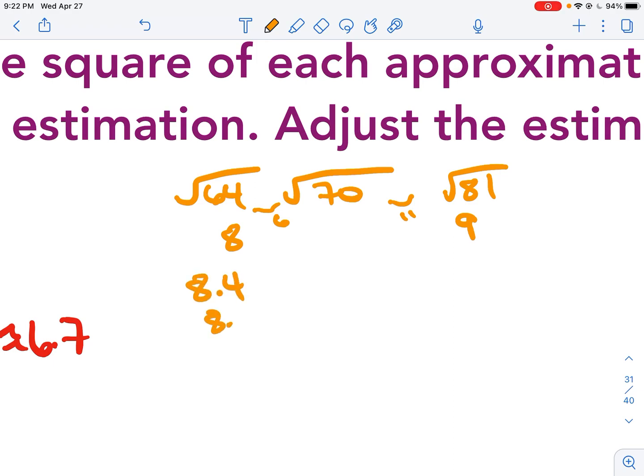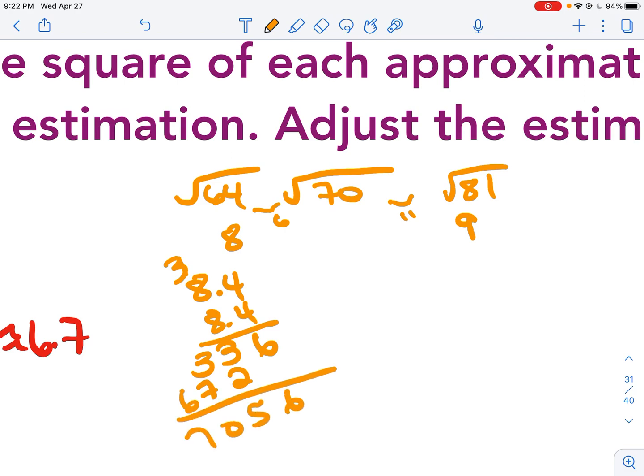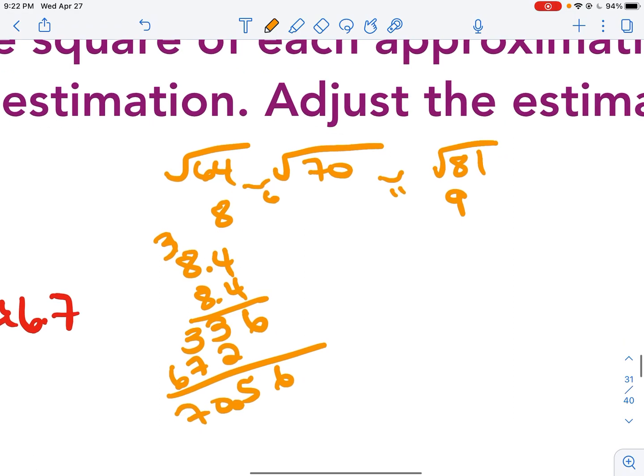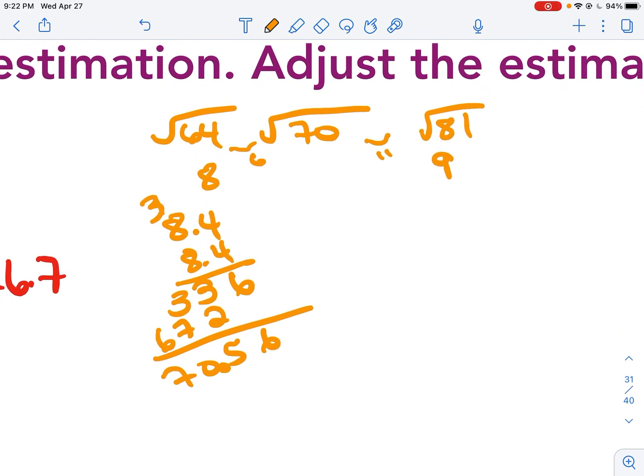So 8.4 and 8.4. That's 16. That's 32, 33. That's 32. That's 64 plus 3, 67. 6, 5, 70.56. Okay, so that's a little above. So we actually need to go below and go to 8.3.